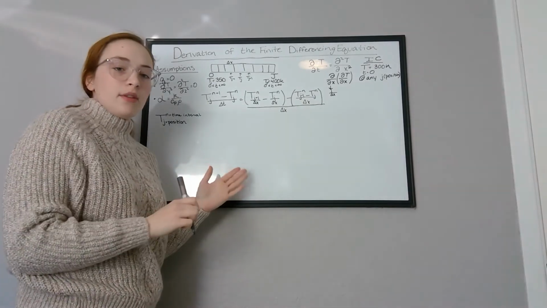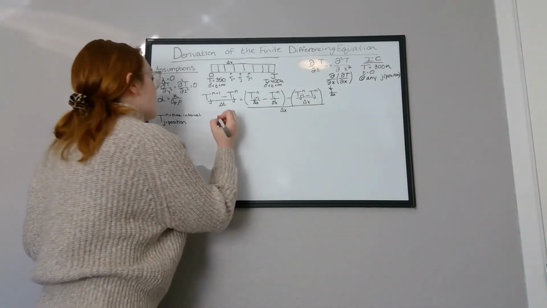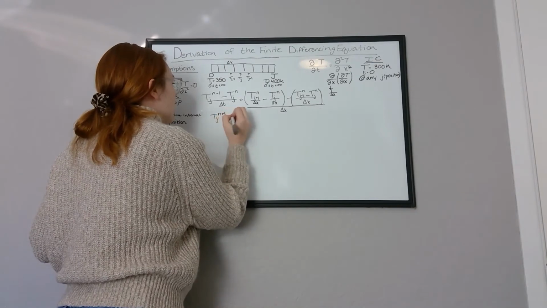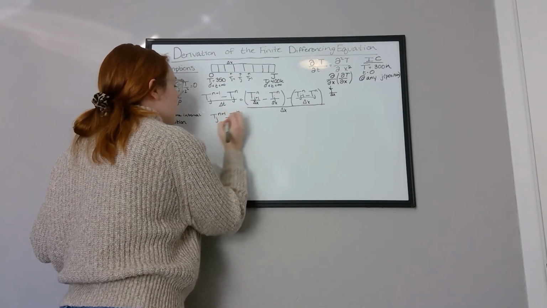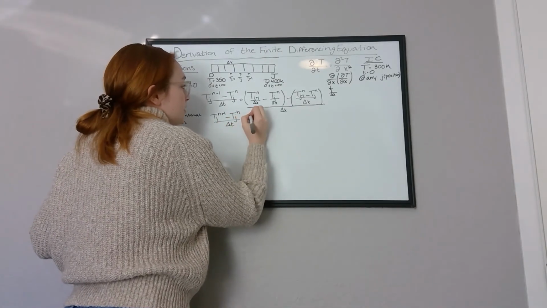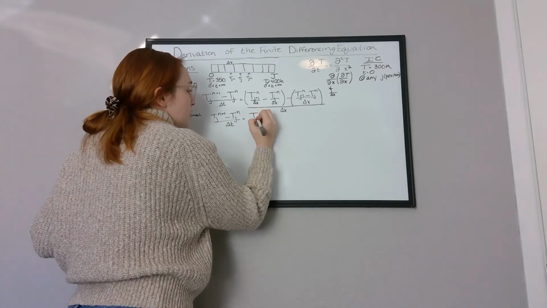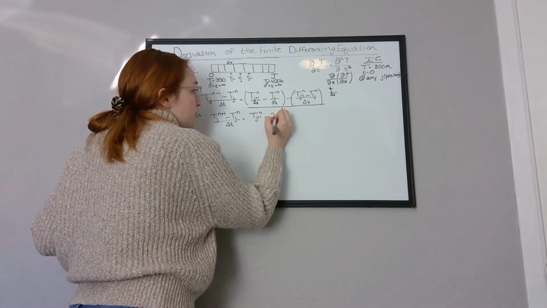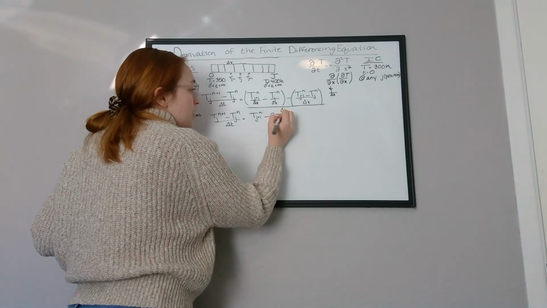Then we can start simplifying this equation, and it will be T of j to the n plus 1 minus T of j to the n over delta time equals T of j plus 1 to the n minus 2 T of j.